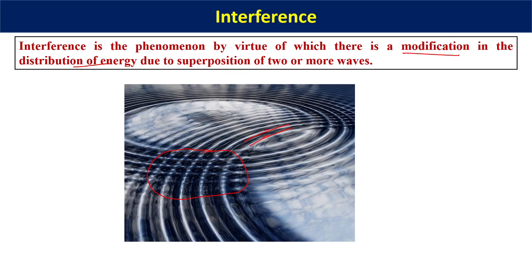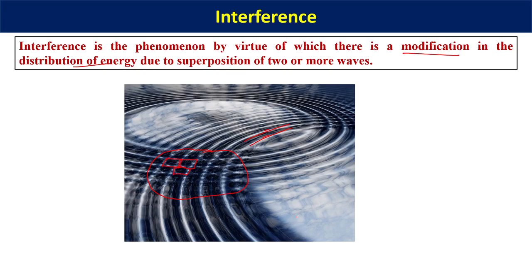But in this case, you see somewhat square kind of patterns which have formed. All right, so this special category of patterns has been formed only because of the phenomenon of interference. There are various conditions in which interference can occur, that we will discuss in subsequent slides.